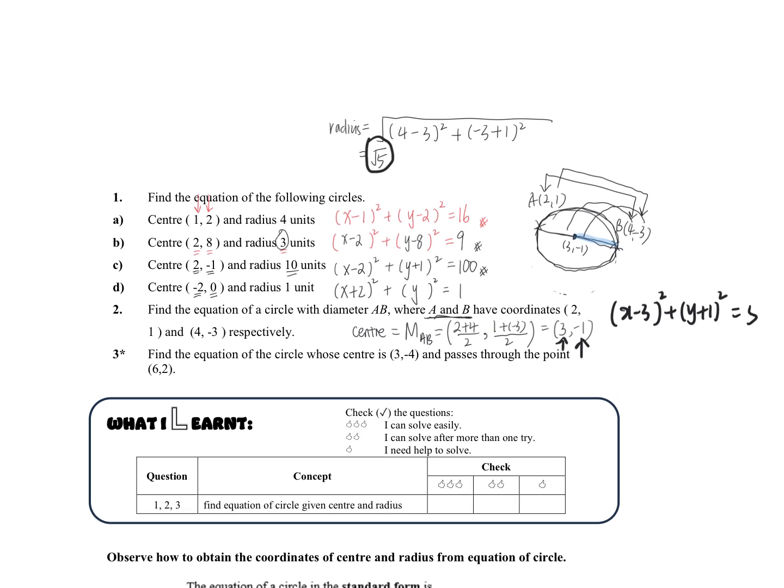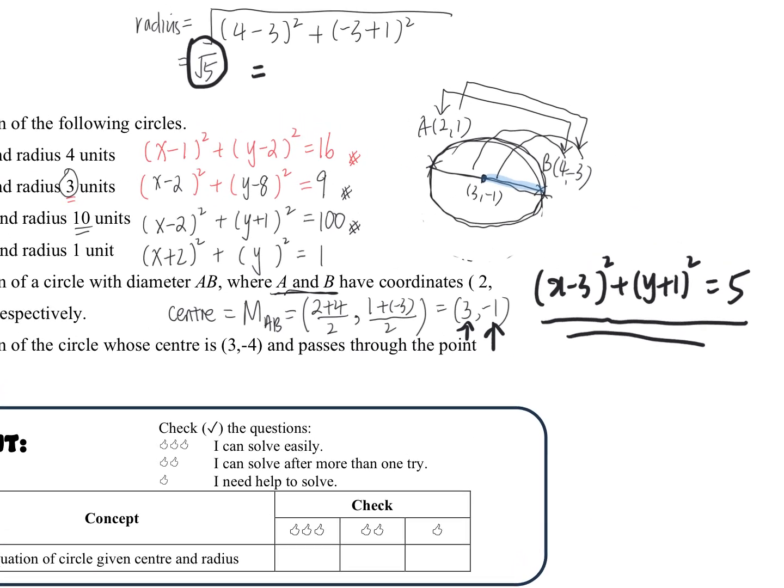So it's just 5. You don't round this off, because later when you square, it's not a nice number. So this is the equation that you want to find.